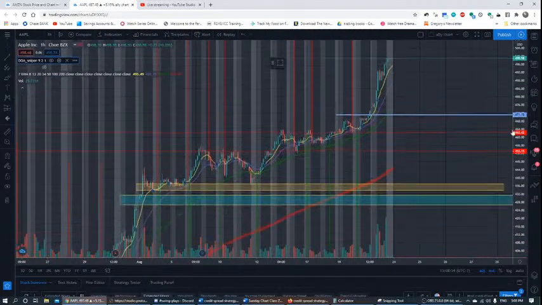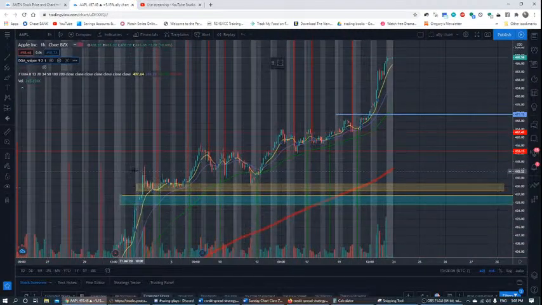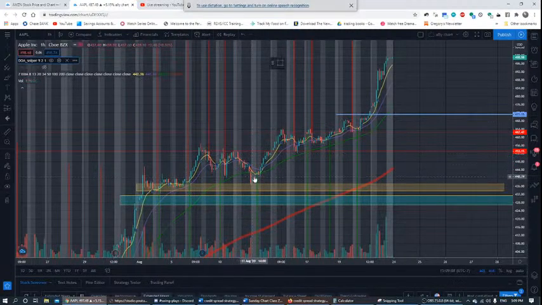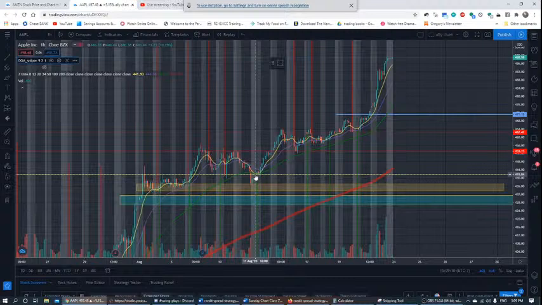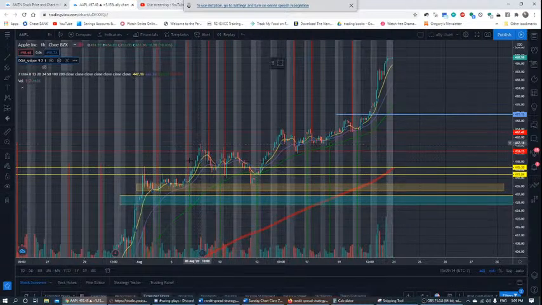If we try to draw a zone, I take my horizontal line and draw right here and here, because this is where we had buyers. We tapped this area right here and it was a resistance, because then the stock gapped up. You see this gap right here?